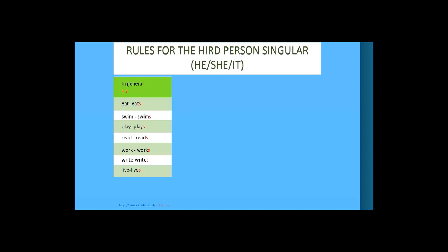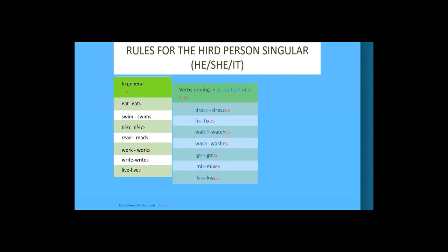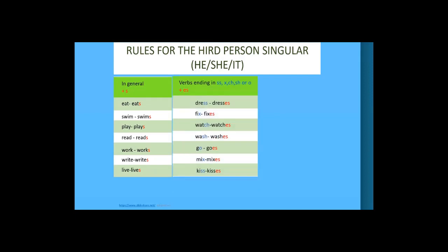Okay, and some more examples for you to have a look at there as well. Okay, so remember the second rule is where the verb is ending with double S, X, CH, SH or O, we're adding an ES, and you've got some examples here as well. Okay, and you're going to look at the pronunciation of these as well, because sometimes it can be a little bit difficult to pronounce.